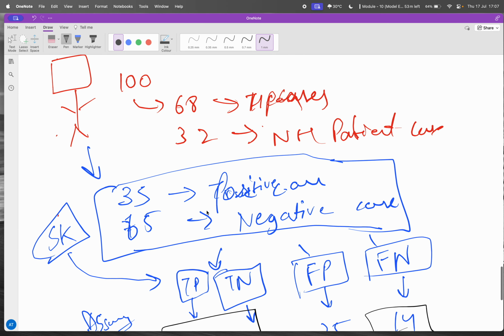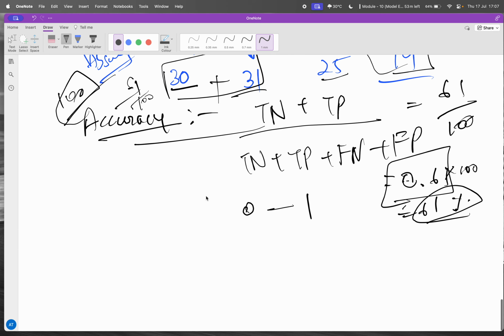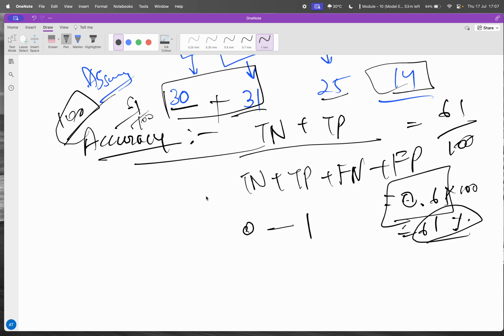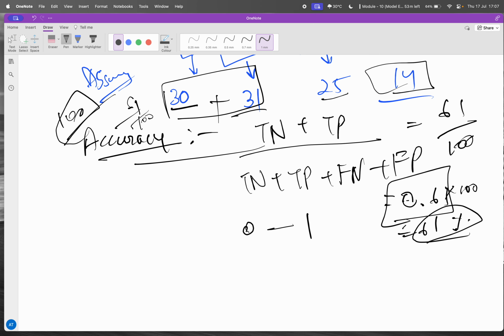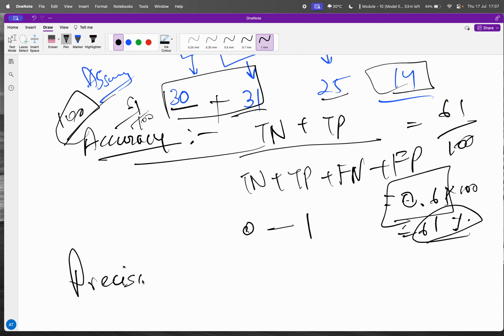So this is how we find accuracy. Next part was precision, or you can go for the recall. It doesn't matter. Let's talk about precision next. Anybody wants to tell what is precision?